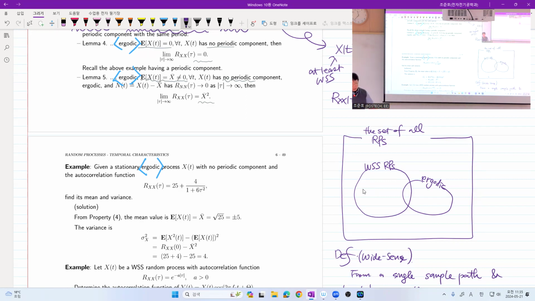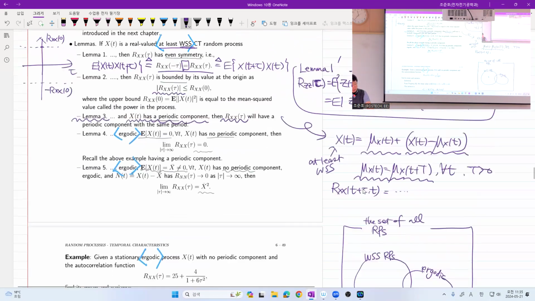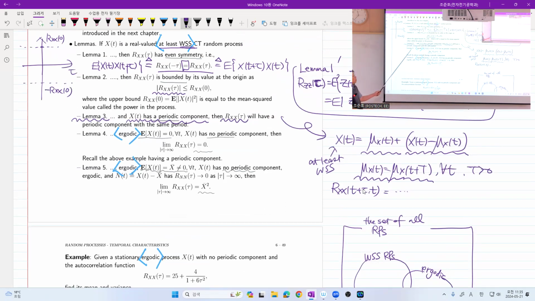So let's see some examples, but before we talk about that, let's go back to our topic of correlation and talk about some properties of autocorrelation. So suppose we have an ergodic and at least wide-sense stationary random process X. And also assume that its mean path, which must be constant due to the wide-sense stationarity assumption, is 0. And X also has, we assume, no periodic component.